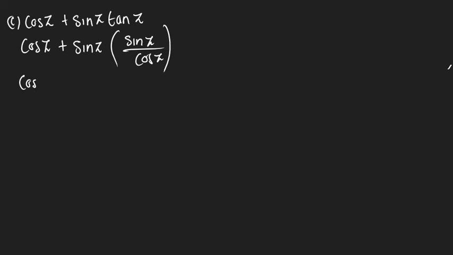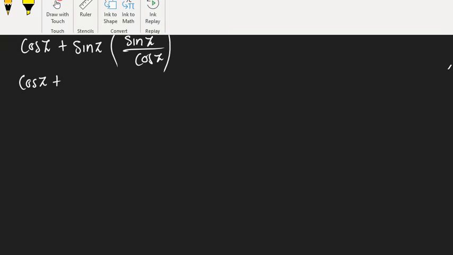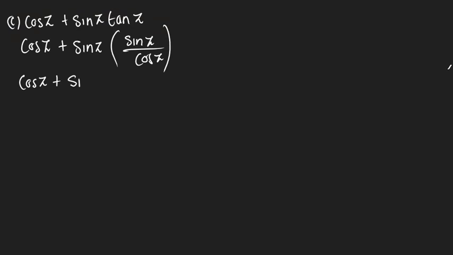This is going to be cosine z plus sine z multiplied by sine z is sine z power 2 over your cosine z.